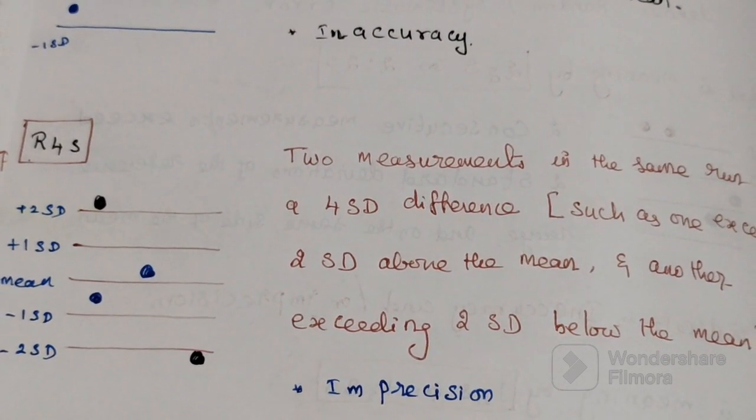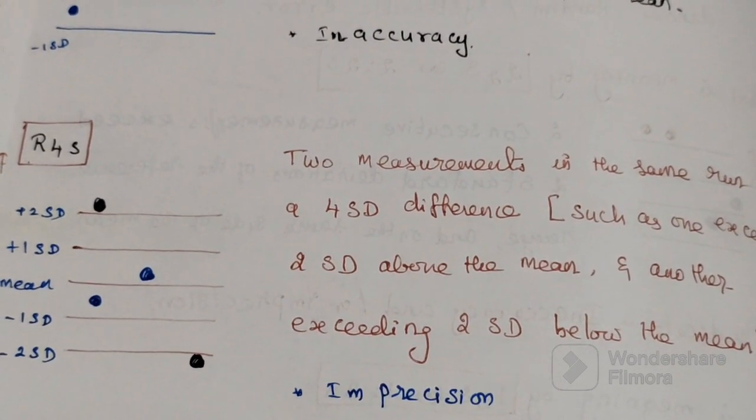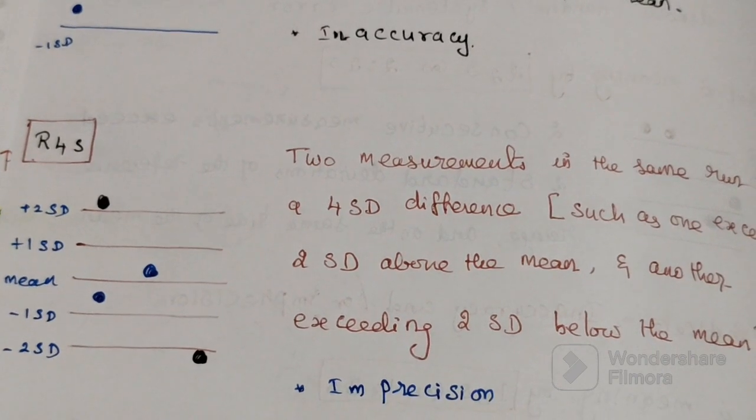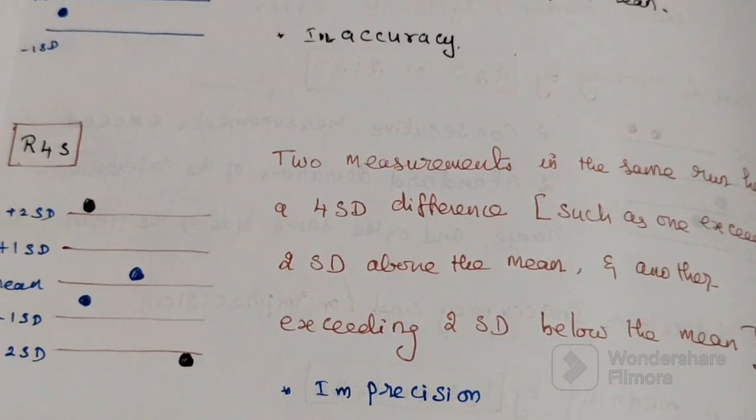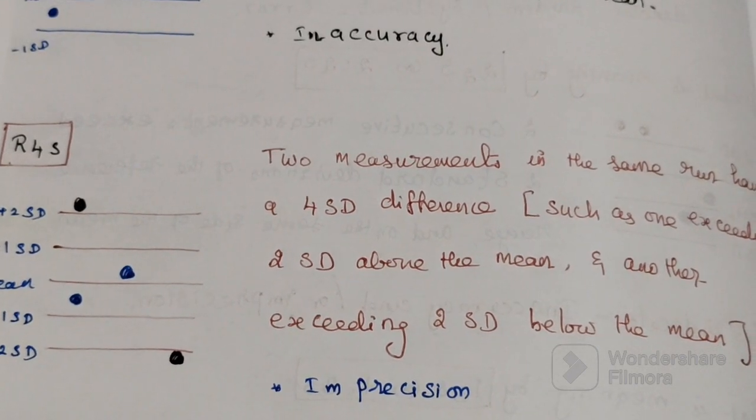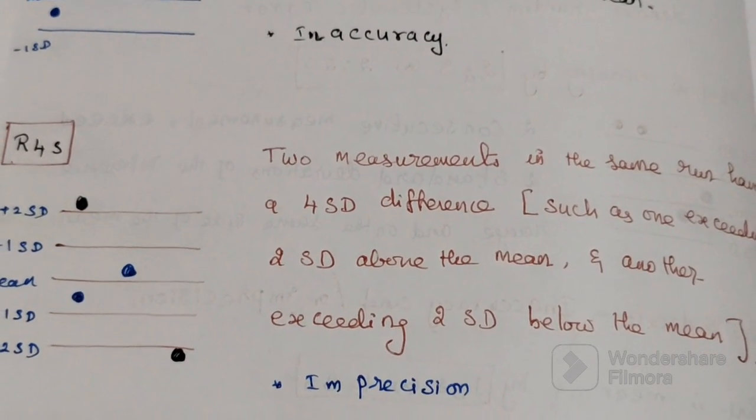Here two levels of control material have a 4 standard deviation difference between the two data points. So R-4s denotes a random error.